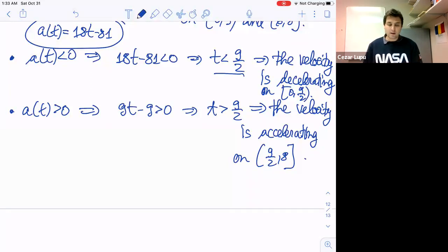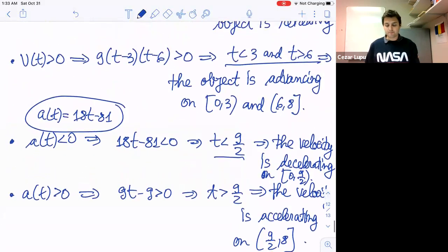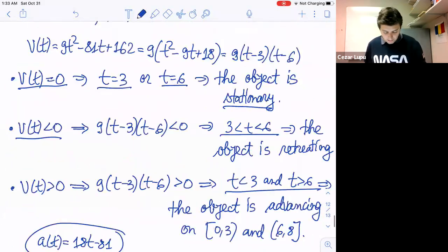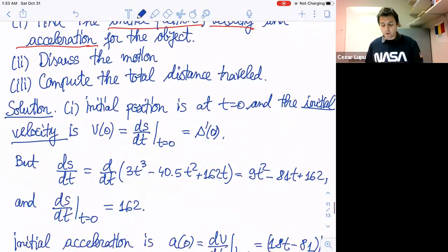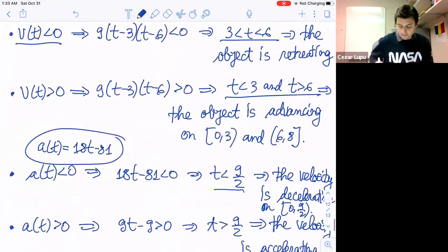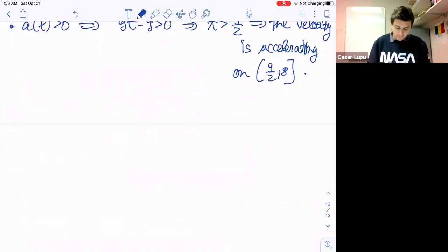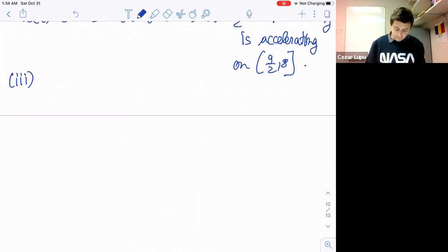Now, what else do we need to do? We want to compute the total distance traveled. And now let's draw a picture. So let me draw the following chart.